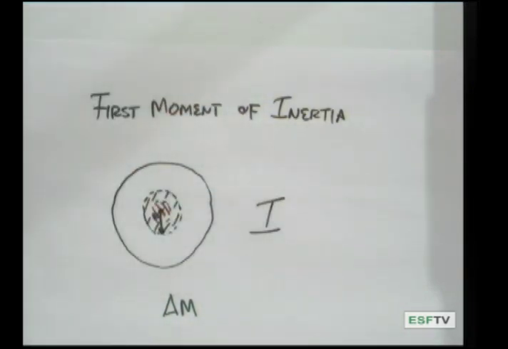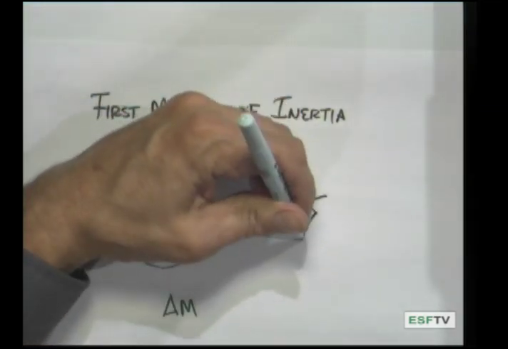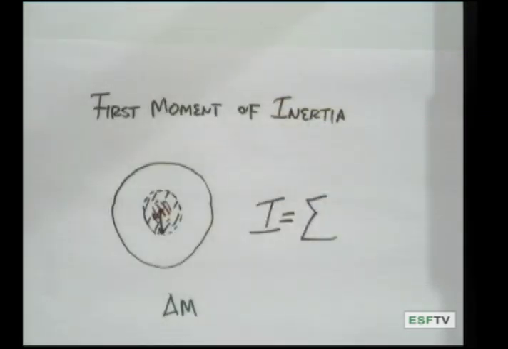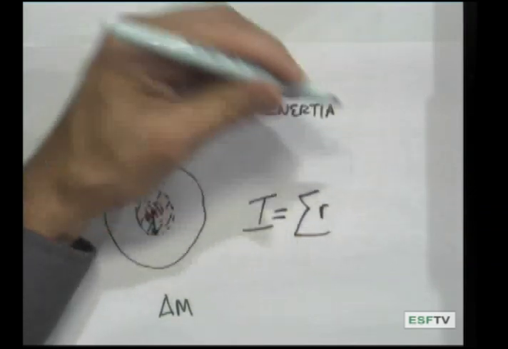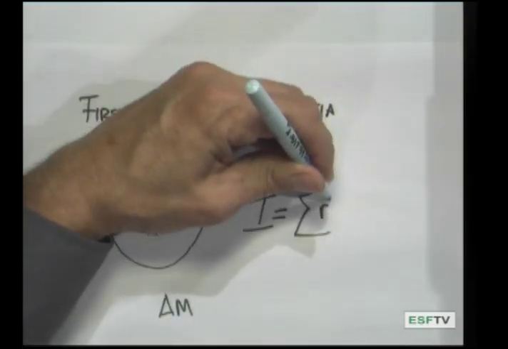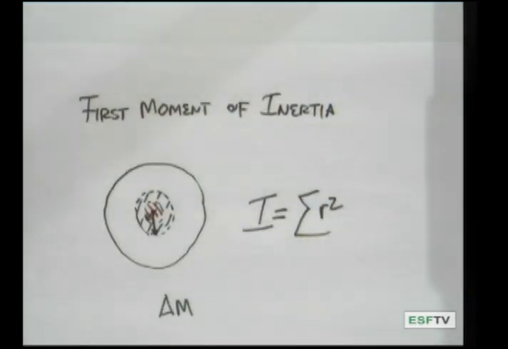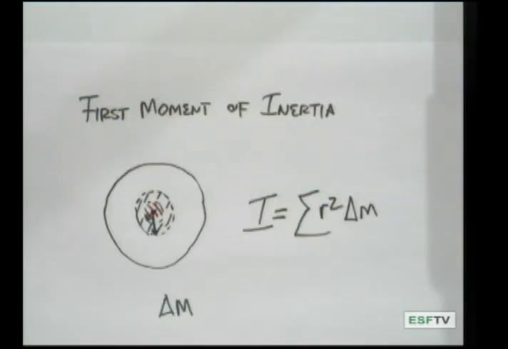The first moment of inertia is usually symbolized as an I, and that can be calculated by simply summing up, and there's a Greek letter sigma that is often used to signify that, all the increments of the mass, the radius squared, multiplied by the change of mass that corresponds with that radius.